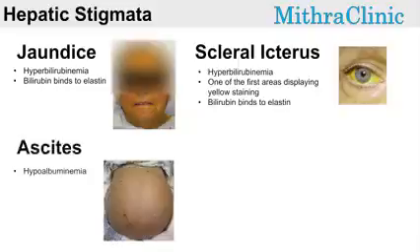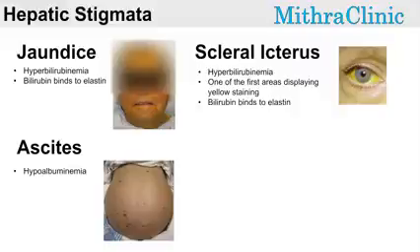Now, another hepatic stigmata is ascites, a collection of fluid within the abdomen, and it is due to hypoalbuminemia. Albumin is a highly abundant protein within our blood, and it is produced in the liver. The function of albumin in the blood is to create colloid oncotic pressure and draw interstitial fluid back into the blood.